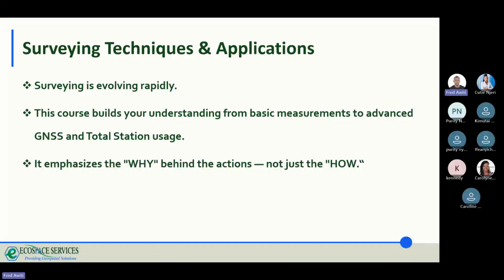In most training, you're being told how to do something, but you're not being told why you're supposed to do that. So if I change the parameter from 10 to 2, what is the effect? So you all need to understand the why behind it, and that's why we are looking at the surveying techniques and applications, just highlighting what is covered and what you need to know when you decide to join our courses.